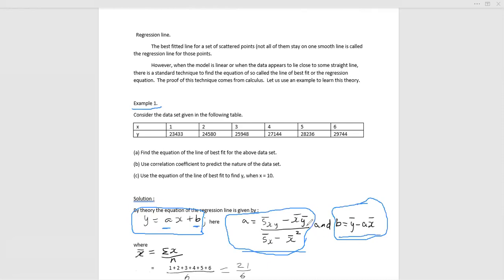To find A, we have to find this Sxy, x bar, y bar, Sxx, and x bar squared. I didn't discuss that yet. I'm going to discuss it right now. We're going to find these parameters one by one. I'm going to move this before that, and erase this.